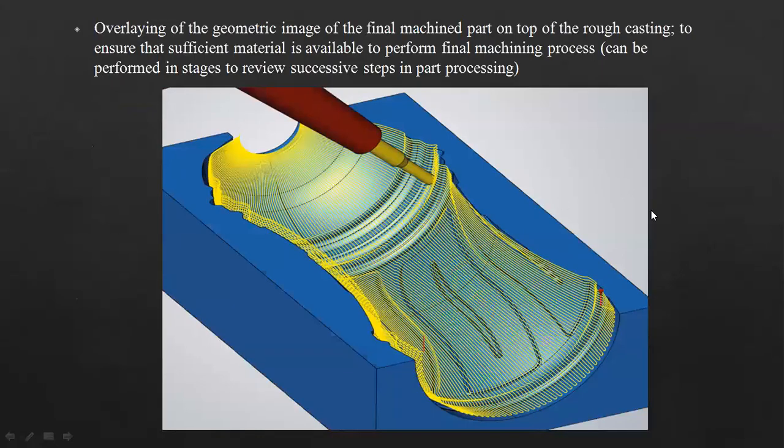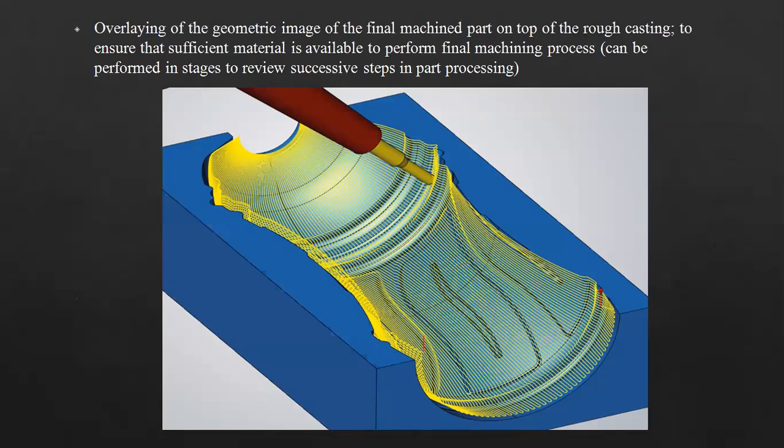Okay. Yes, overlaying of the geometric image of the final machine part on top of the rough casting to ensure that sufficient material is available to perform the final machining process. So you can even check, after one step, how much amount of material will be removed, to be able to better visualize that. Even that can be seen, because in casting, because of shrinkage, you can use it there. You can even use it in machining, right?